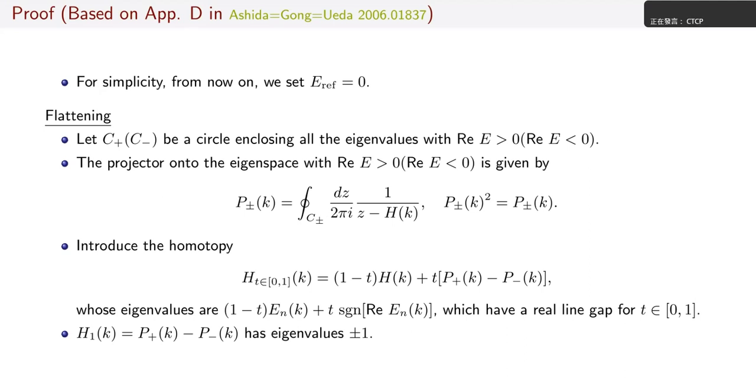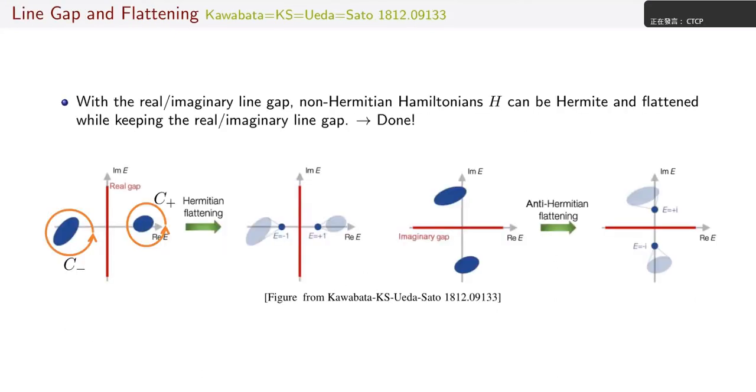Let me explain why this can be done. The first flattening can be achieved by introducing the projector. The projector is defined by a contour integral with respect to a circle surrounding the energies whose real part is positive.